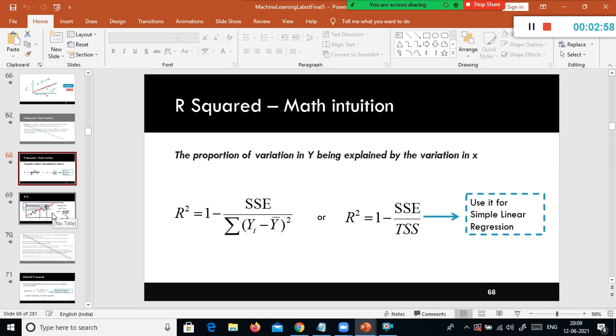R squared is a biased one, whereas adjusted R squared is unbiased. Even though you include any number of features, it will take into account which features are statistically significant and which are not helpful in explaining the target variable. Keeping this in mind, it computes the adjusted R squared value. Fine.